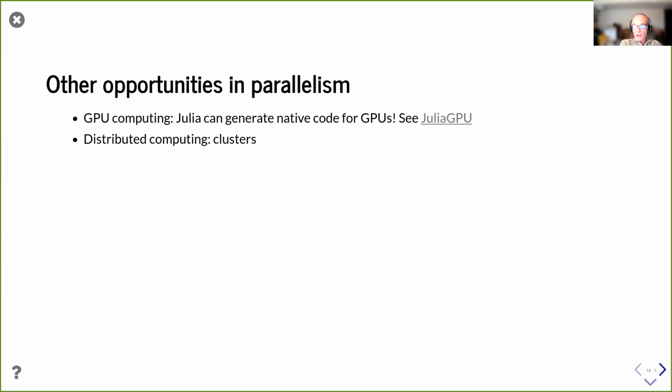Julia provides many other opportunities for parallelism, and two of the biggest ones are GPU computing. There's a whole GitHub organization called Julia GPU that has multiple packages. Some of these packages let you essentially define arrays on the GPU and then manipulate them as if they're the same as arrays you would manipulate using high-level code in core Julia.